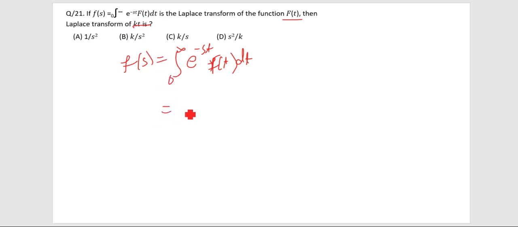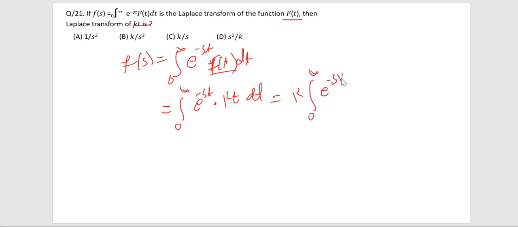So here I just put e to the power minus st, and in place of the function f(t) I put kt, into dt. Now it's a very simple calculation. k is a constant, so take it outside: k times the integral from 0 to infinity of e to the power minus st into t dt.